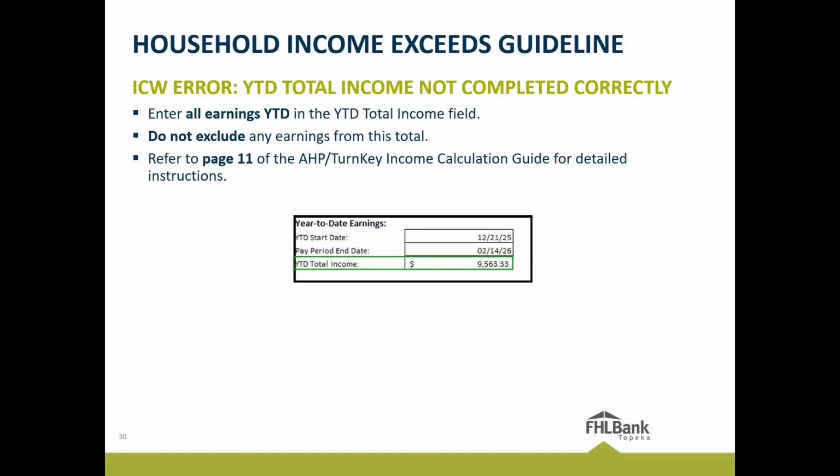Again, here we're talking about year-to-date total income, so make sure you're entering all earnings into that field. We're not excluding any earnings from that total. You can refer to page 11 of the income calculation guide for detailed instructions on this.